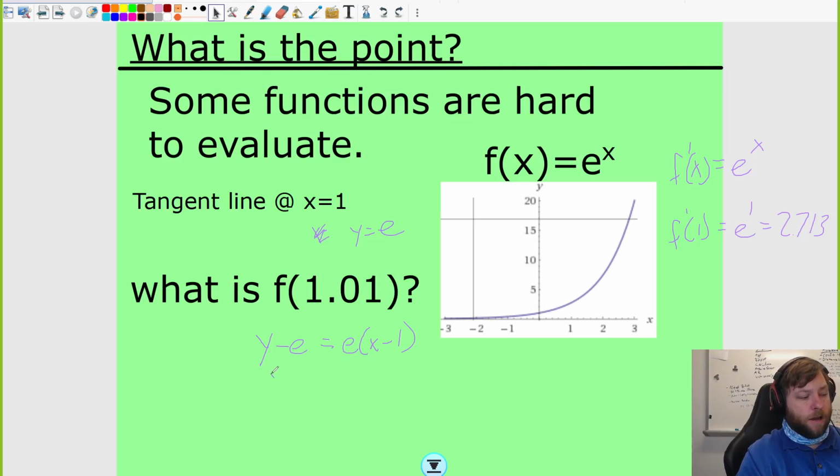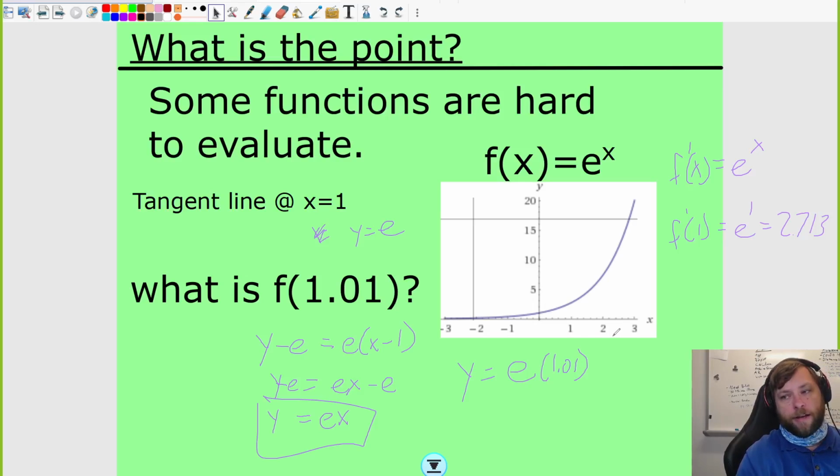Making that a y equals mx plus b equation, I get e to the x minus e. Distribute this out, and then add e to both sides, so y equals e to the x is the equation of my tangent line. Now it's a lot easier to say y equals e times 1.01. E is probably not the best example for this sometimes, but it would be easier to handle.